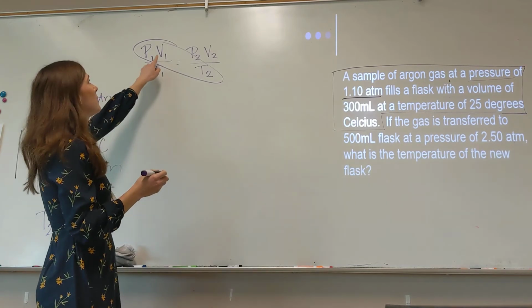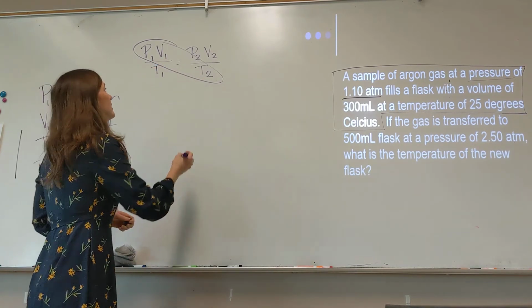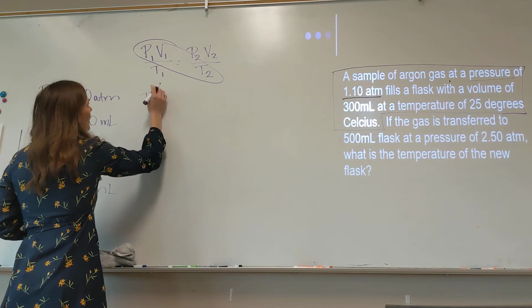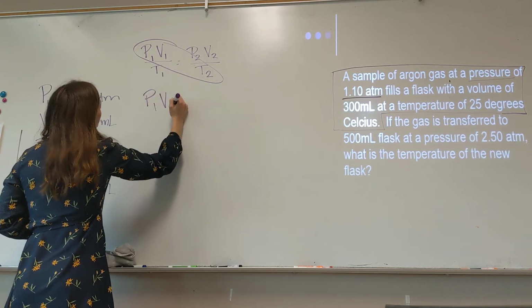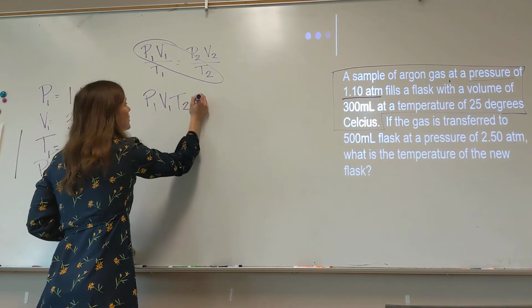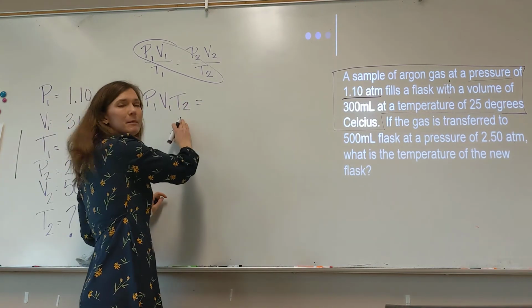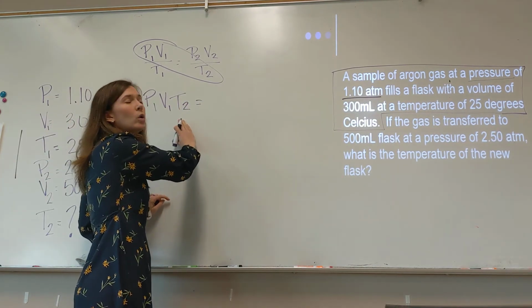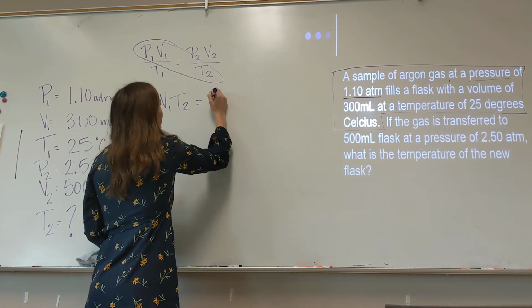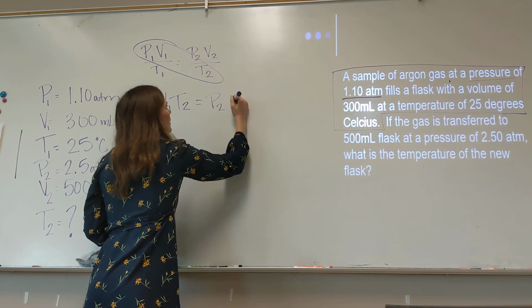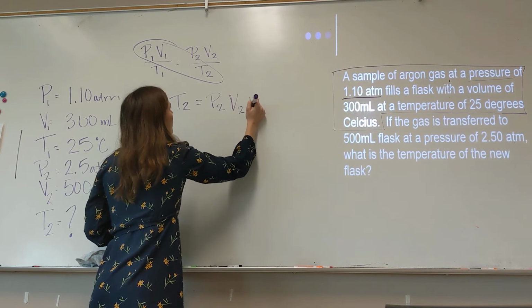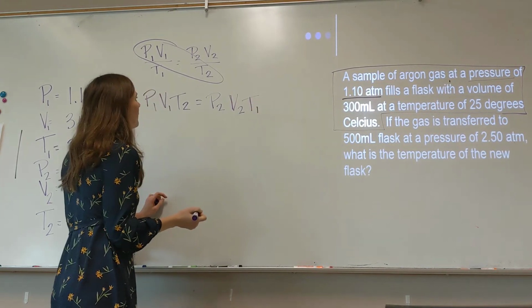So we're going to take P1 and V1 and multiply it by T2. That will get me T2 on the top. It doesn't quite get me T2 by itself, but it gets me halfway to my goal. Okay?